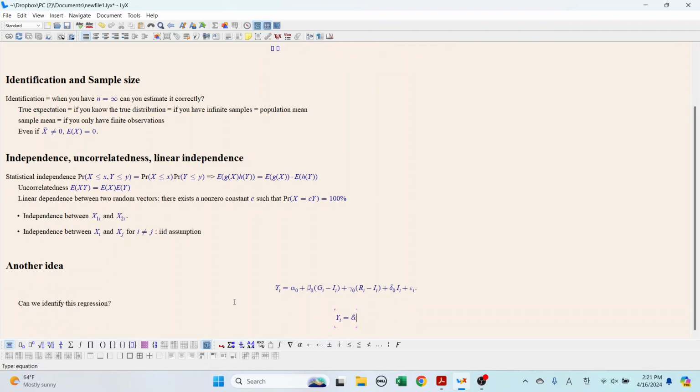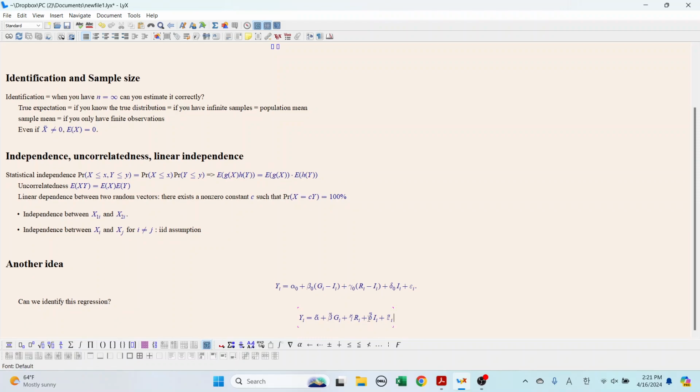Think about a simpler model where I include G, R, I separately. You will agree that this is identified, as long as G, R, I, and the intercept are not multicollinear, under the standard full rank condition.